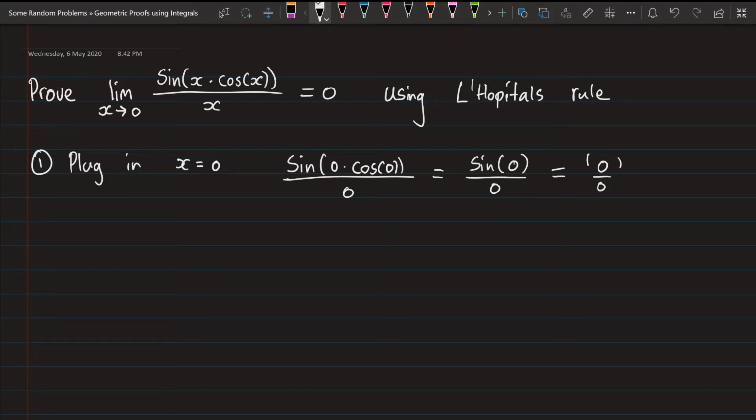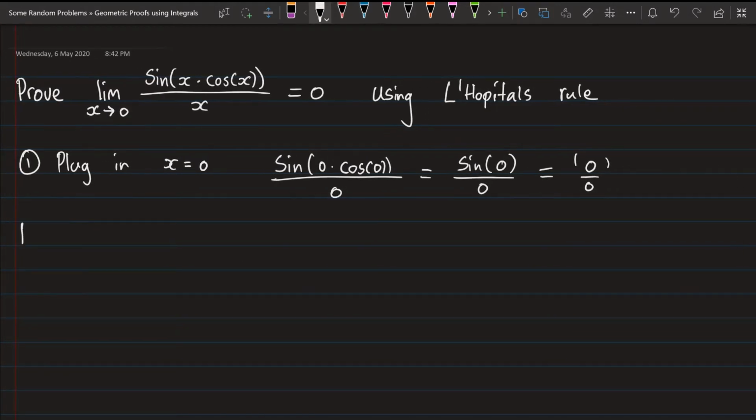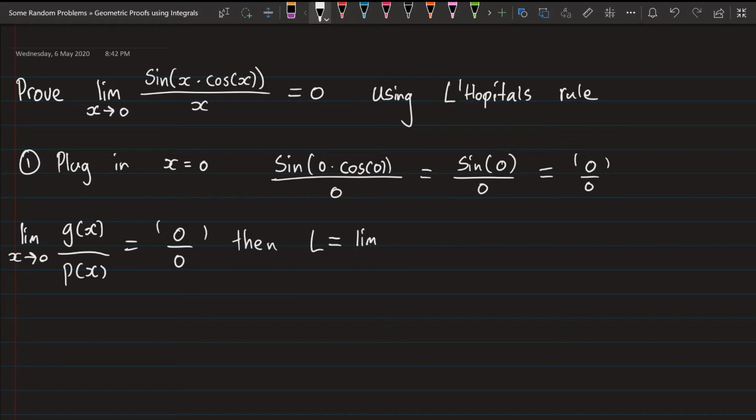And L'Hopital's rule actually states that if we have the limit as x tends to 0 or some arbitrary constant of g of x over p of x such that that is going to be equal to 0 over 0, then let's say this is L, then L is the same as the limit as x tends to 0 of d dx of g of x on the top and d dx of p of x on the bottom.